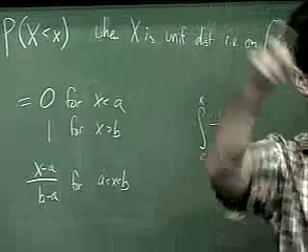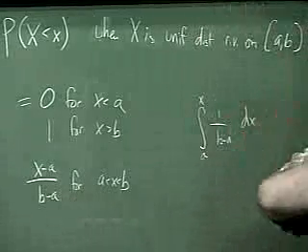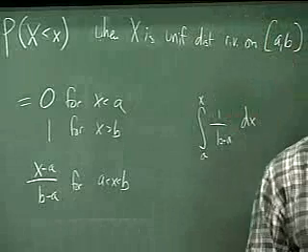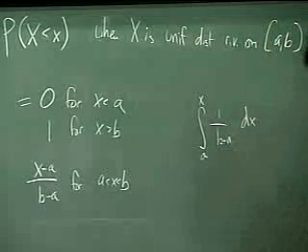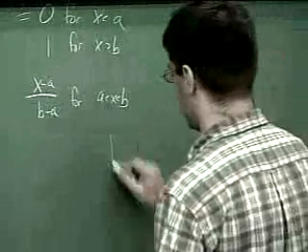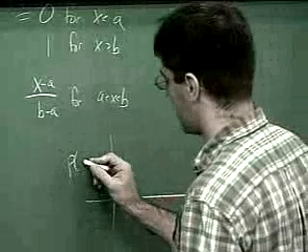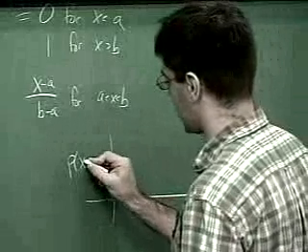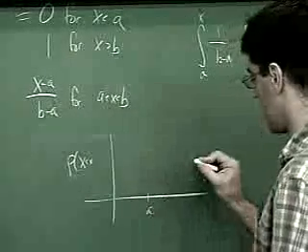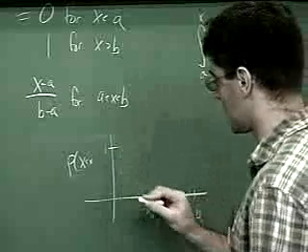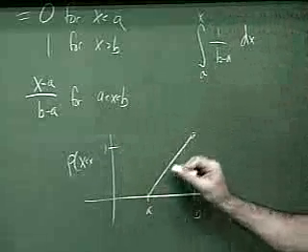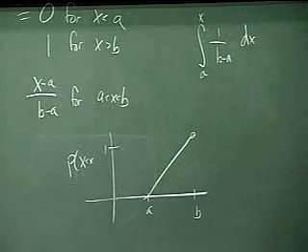Right? I mean, basically, you got something like a straight line between a and b that equals 0 at a. It's got to look like this, right? Probability that X is less than x. Here's a. Here's b. Here's 1. It's got to go like that. That's the only one.